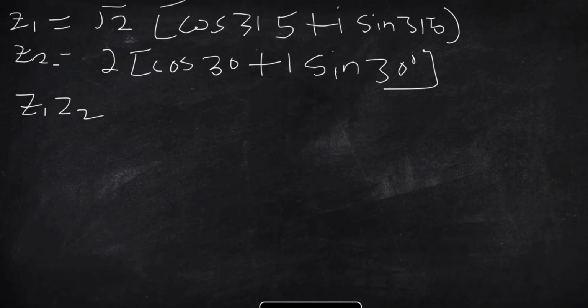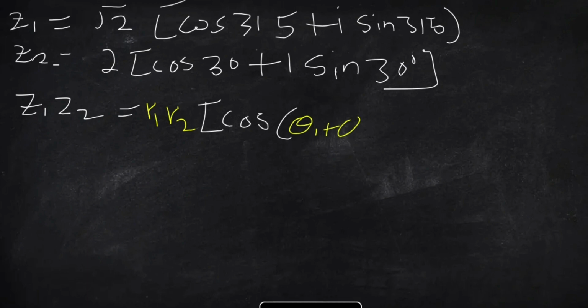The product of these two becomes, we multiply their radii, cos the sum of their angles, which is theta 1 plus theta 2, plus i sine into bracket the sum of their angles, theta 1 plus theta 2.